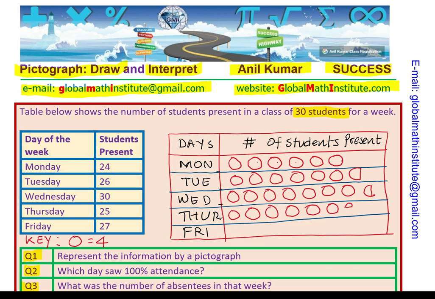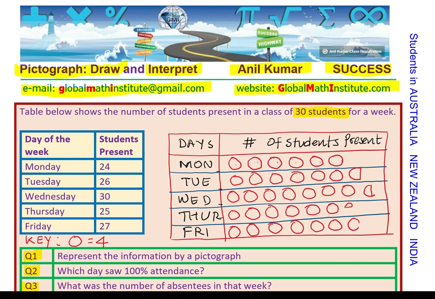And 27 means 24 plus 3. So try to sketch that now. So 4, 8, 12, 16, 20, 24, and okay, so this time what we are going to do is we are leaving one quarter away. You get the idea.